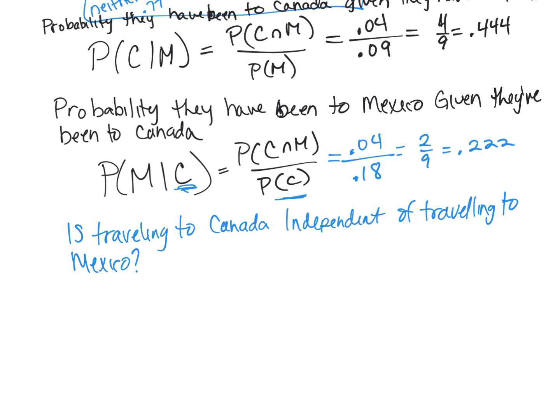That might be something that's influencing whether you've been to either countries. You live close to one or the other places. So we have an independence formula we use. Okay, this isn't a judgment call, right? We use our formula. The formula says the probability of A given B is equal to the probability of A. So if this is true, yes, they are independent.